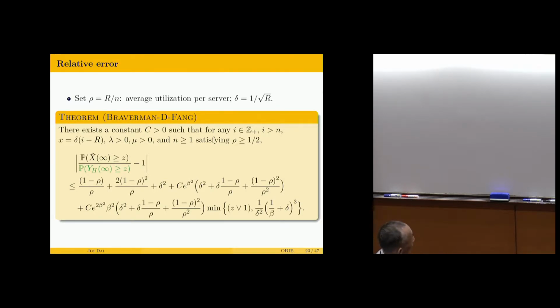But the important thing is that this holds for all Z. Z can go all the way to infinity. I illustrate this on the right tail, and didn't bother with the left tail for the moment. When Z is large, this is bounded, eventually not depending on Z. That's the high order approximation.